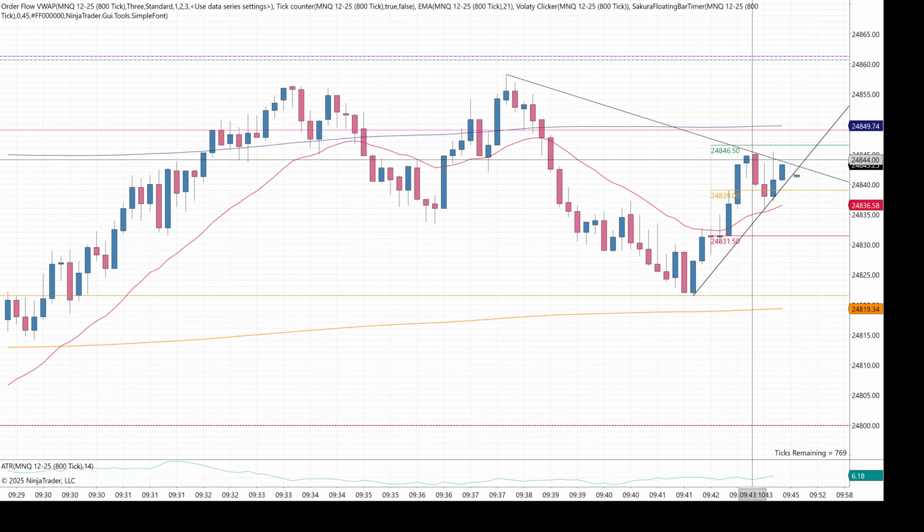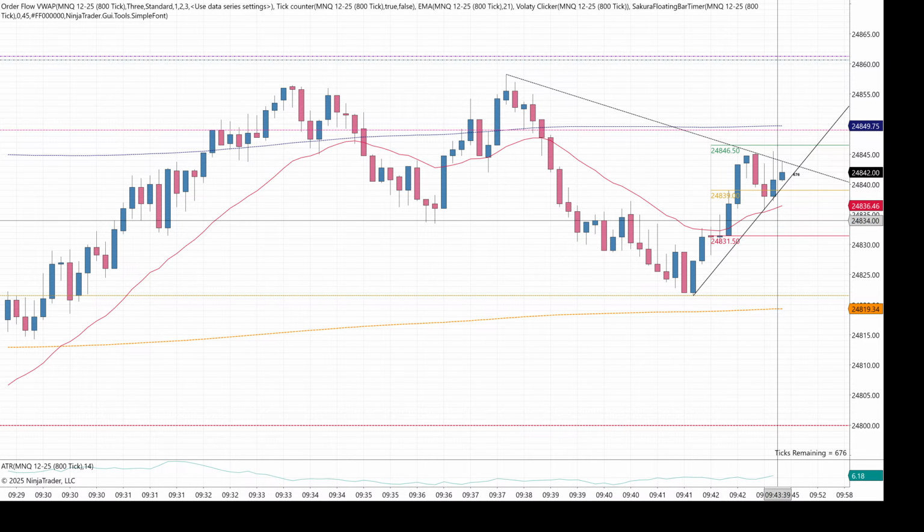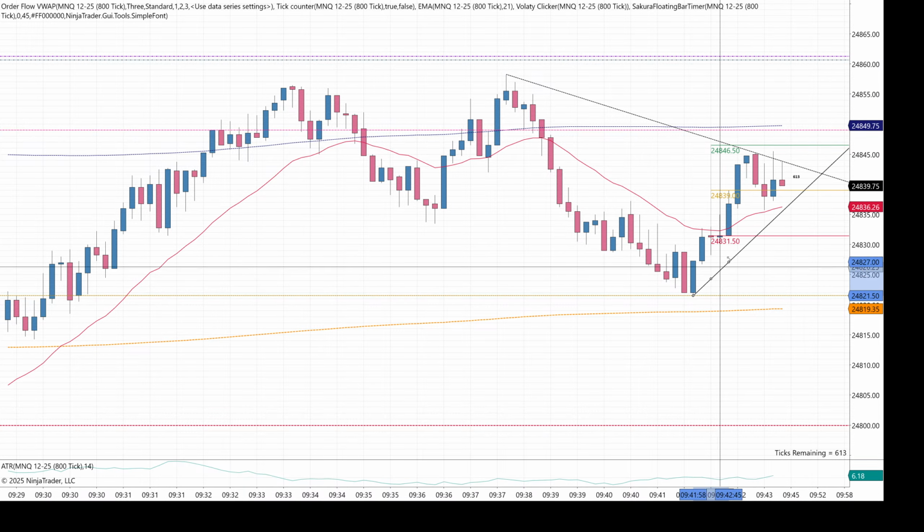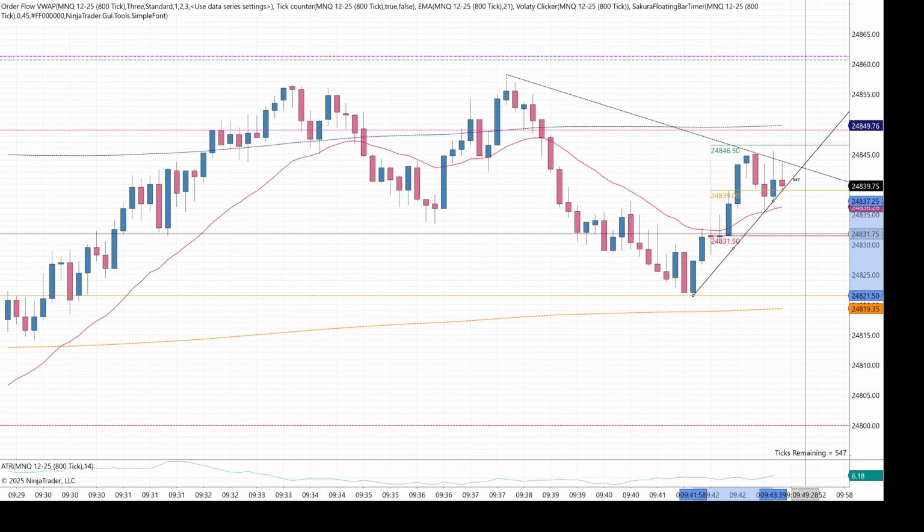Probably could have re-entered here. We didn't finish the move yet, but I'll take my guaranteed profit that I've already locked in rather than trying to retest the move.